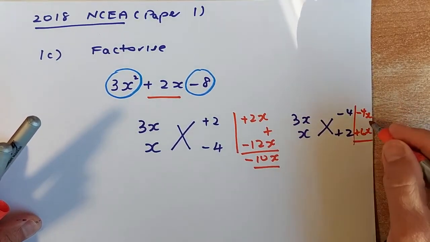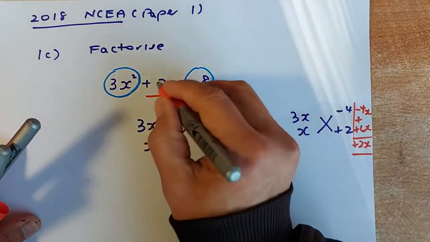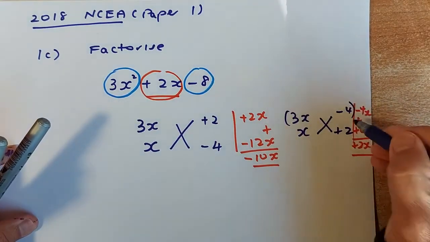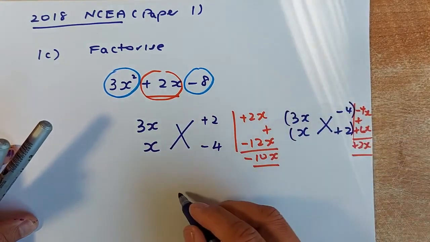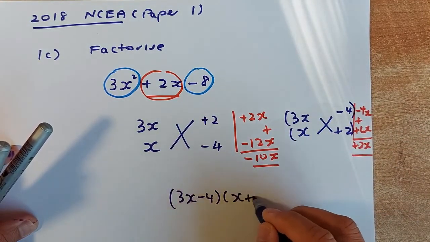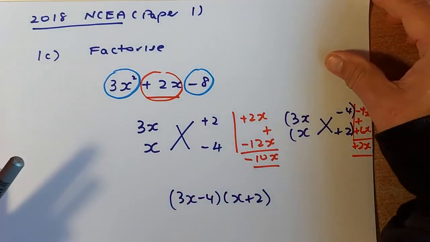If you add them up together, it's going to be plus 2x, and that's what you get, 2x. So that's right. So the next step you're going to do is put a bracket around it. So the answer is going to be 3x minus 4, x plus 2. So this is the type of question, it's called trial and error.